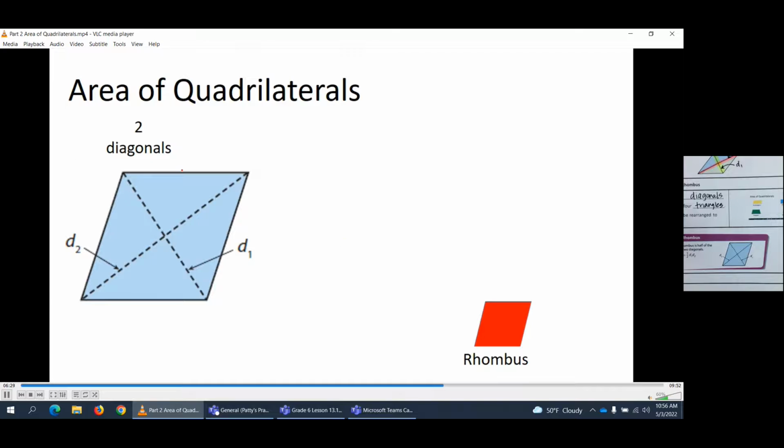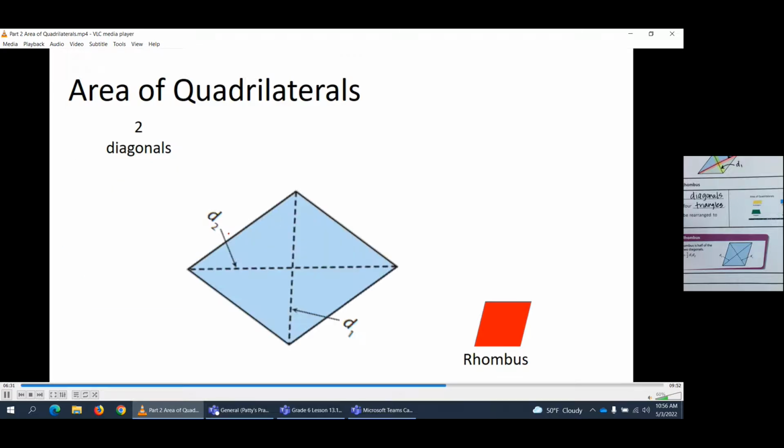So I'm going to flip our rhombus down so that now we have a straight line across, and now we see those 4 triangles. This is D1, or this diagonal is D1 up and down, and this long one that goes across is D2. So we're going to make D2 yellow, and we're going to make D1 red so we can keep track of them, all right? And then what we're going to do is we're going to take these 2 triangles and we're going to move them.